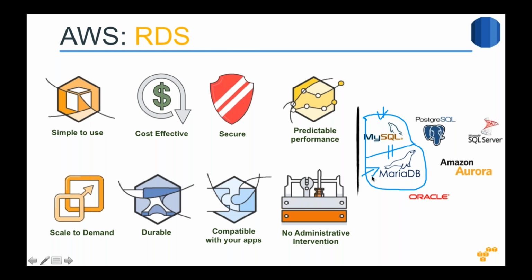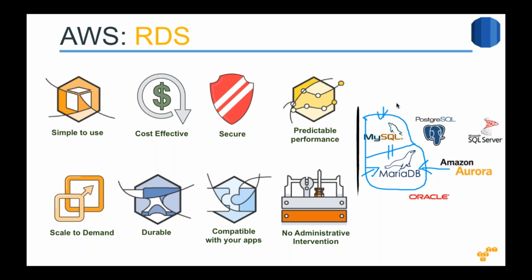Since Amazon doesn't like to play with these kinds of things, they took these two, MySQL and MariaDB, and created something called Amazon Aurora. In other words, Amazon Aurora is compatible with MySQL and MariaDB, but it has some enhancements on top of it.